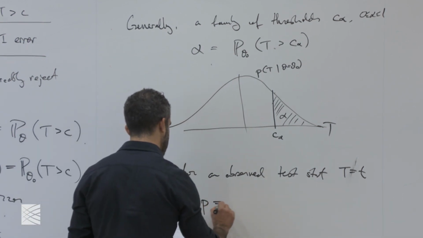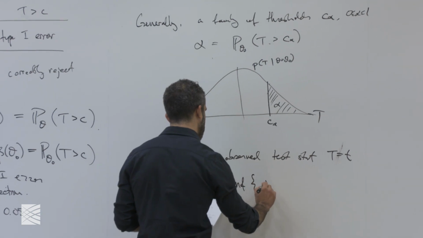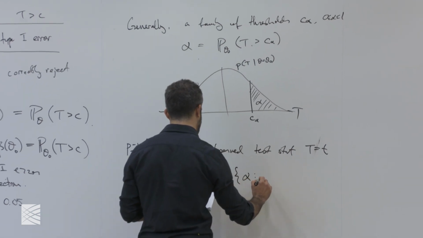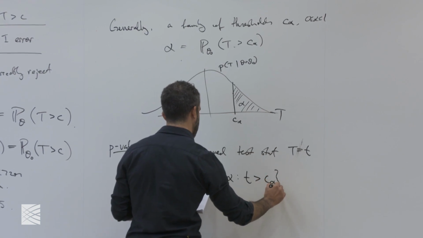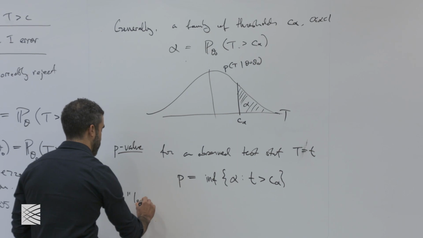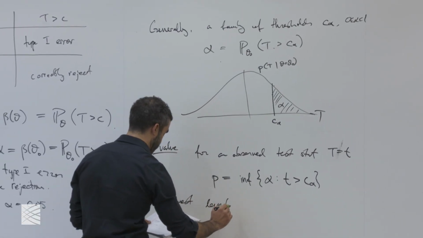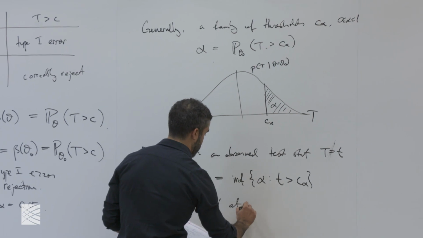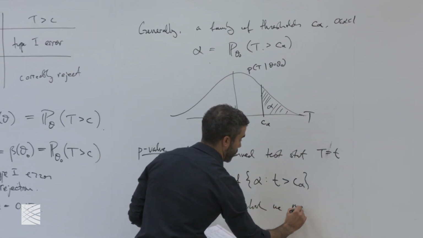There's different ways to write this, but one is the infimum, the lowest possible alpha, such that you still reject. Lowest significance level at which we reject.